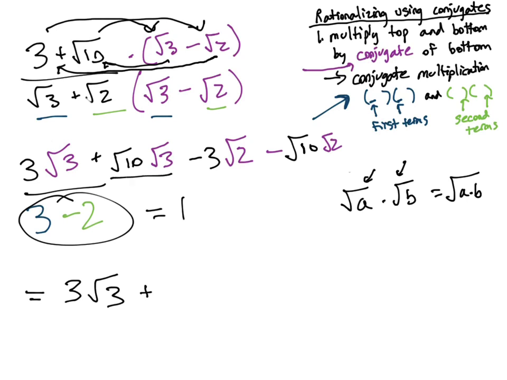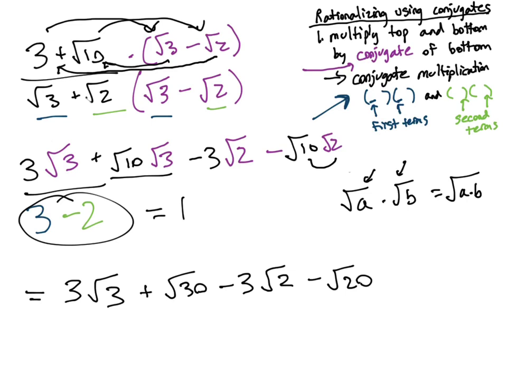So square root of 10 times square root of 3 is square root of 30. We've also got minus 3 times the square root of 2, and minus square root of 10 times square root of 2 is the square root of 20. So that's basically our final answer that we get when we rationalize this.